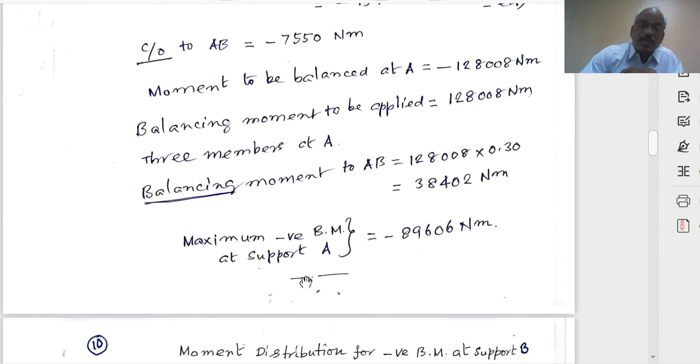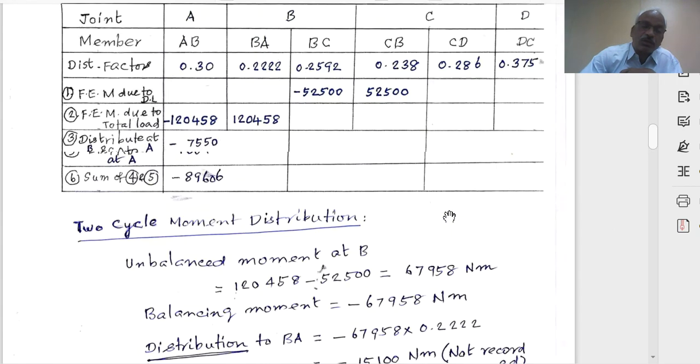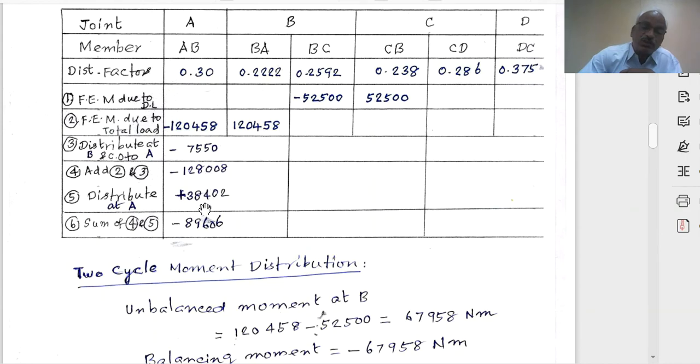So, the distribution calculations are shown here. Unbalanced moment minus 128, balancing moment plus 128. 128 into 0.3 is 38,002. So, 38,002. And when these two values are added, it is minus 89,606. So, we need not write all the values.